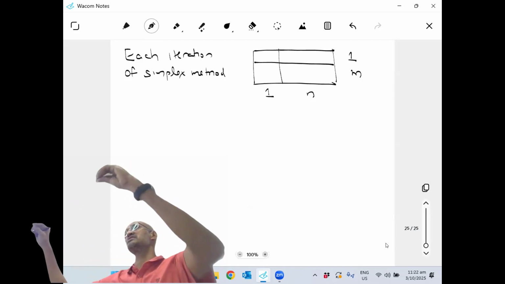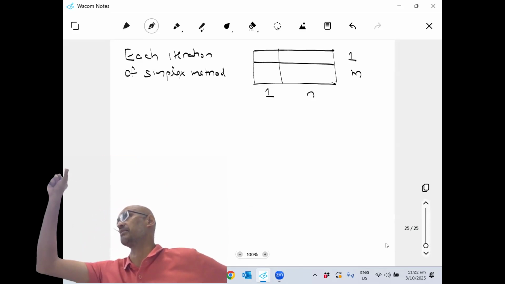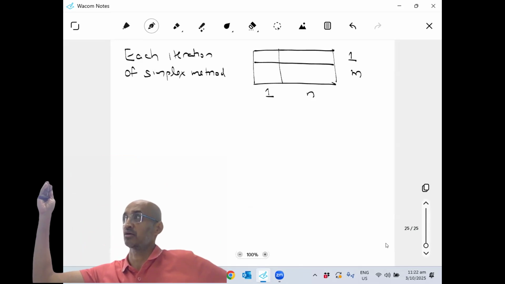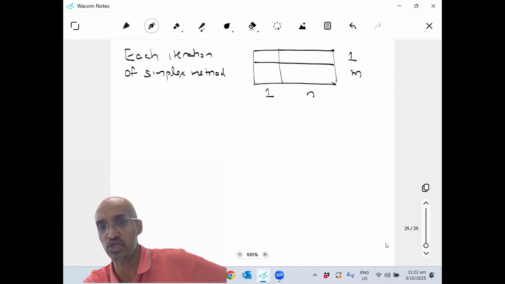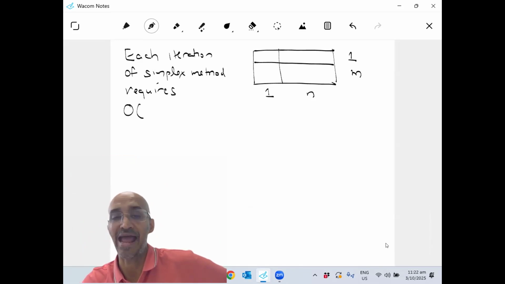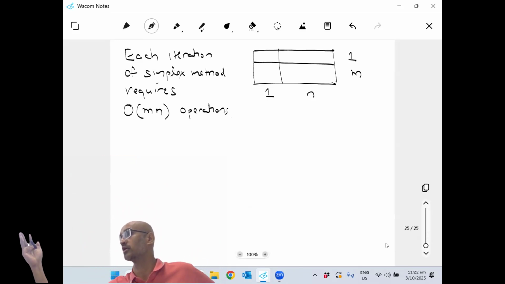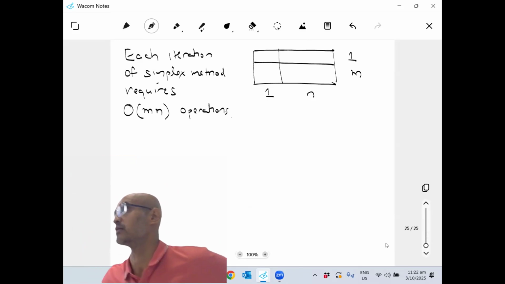When you do a row operation, every entry in this tableau is getting updated. It's basically what you take that number and you add or subtract something. Okay. So roughly each iteration of the simplex method requires order of m times n operations. Okay. By operations, I mean basic operations like addition, multiplication, and so on. Roughly size of order of mn.